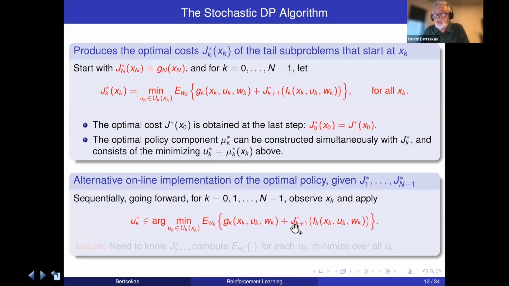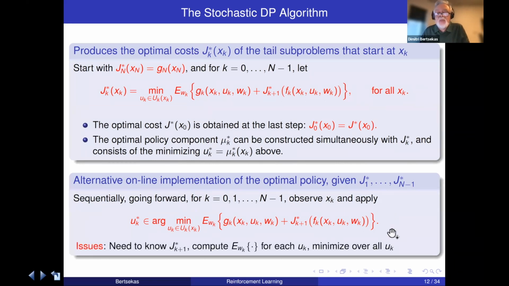Remember, we have these J stars we assume here, and given the state xk, we minimize over all u, obtain the control uk star to apply, observe the next state xk plus 1, do this calculation again, and go forward. So these two methods are equivalent. This one requires a priori storage of the optimal policy. This generates it online, assuming that we know the J stars.